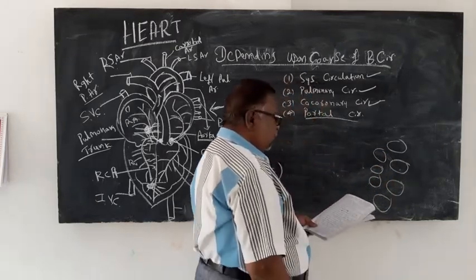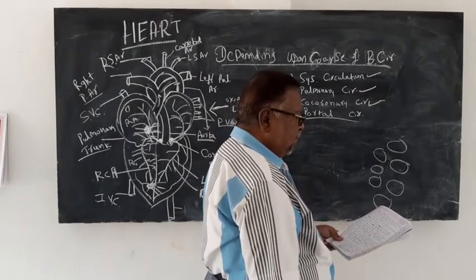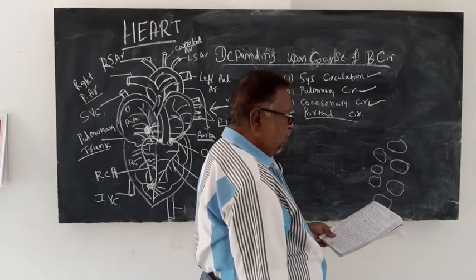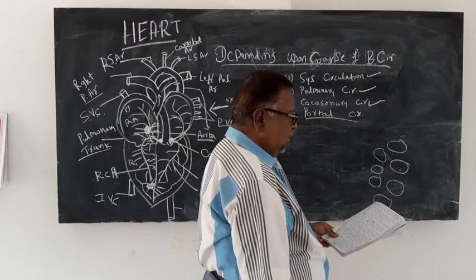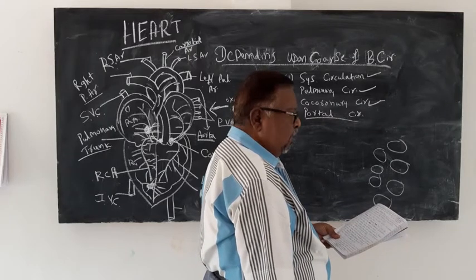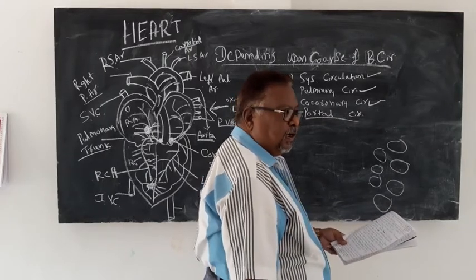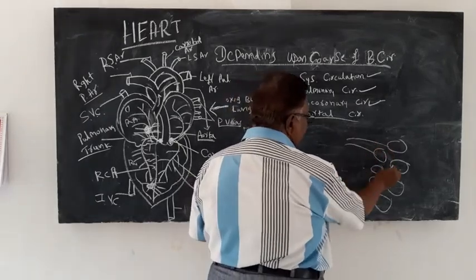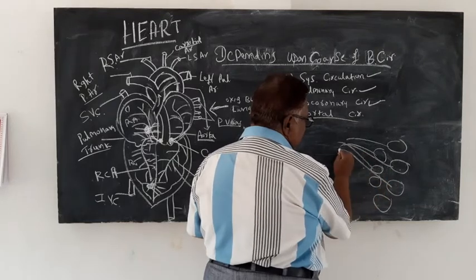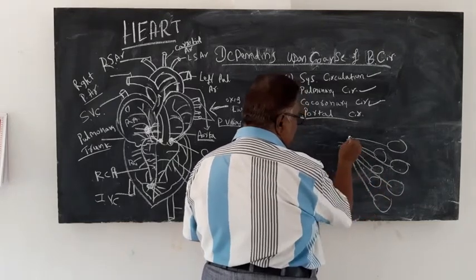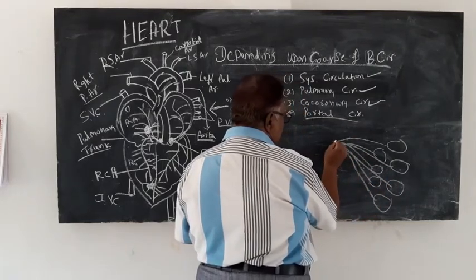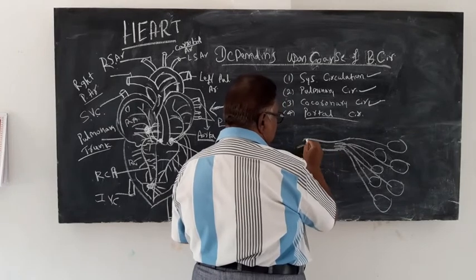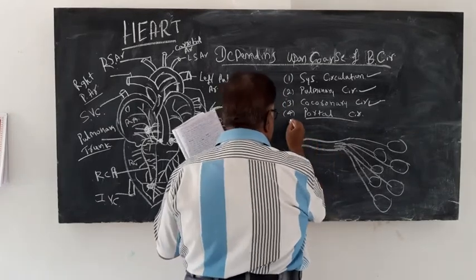For example, spleen, stomach, pancreas, small intestine, large intestine, and colon, the complete digestive tract, from where the blood is collected and brought to the liver.